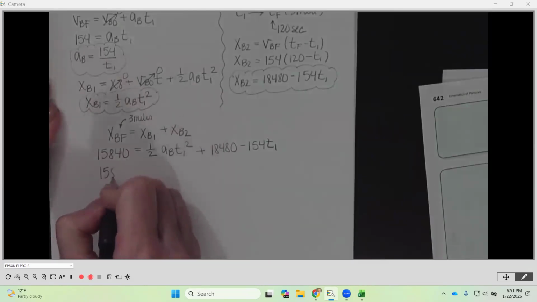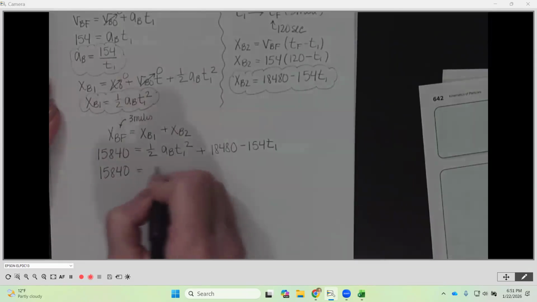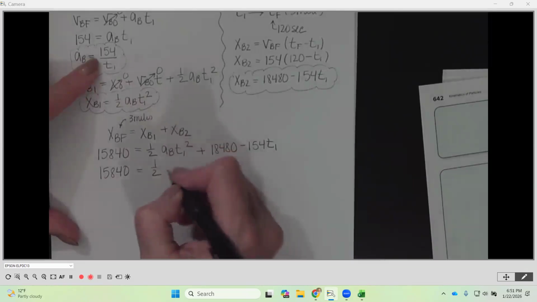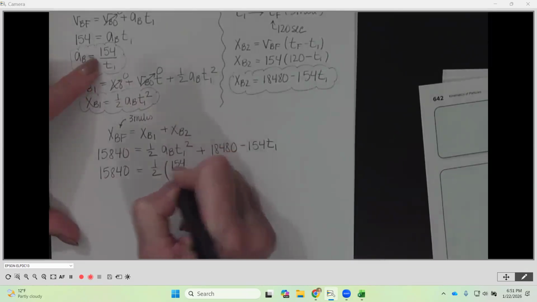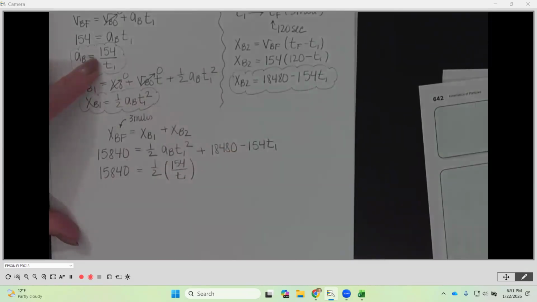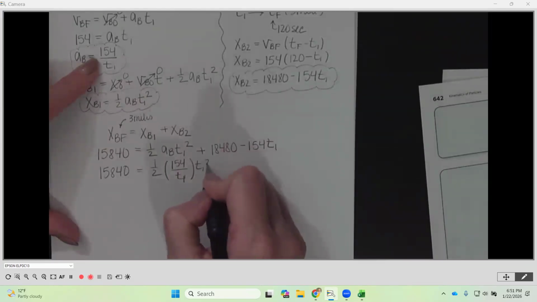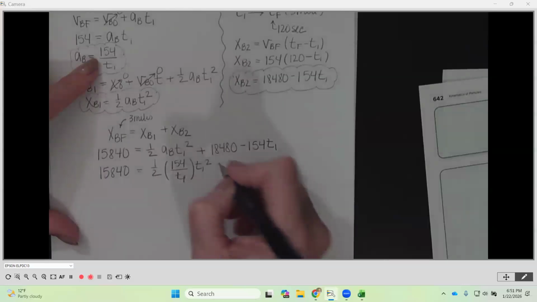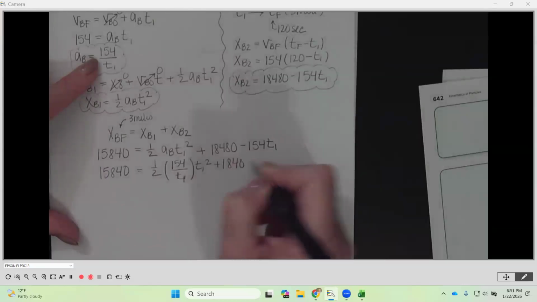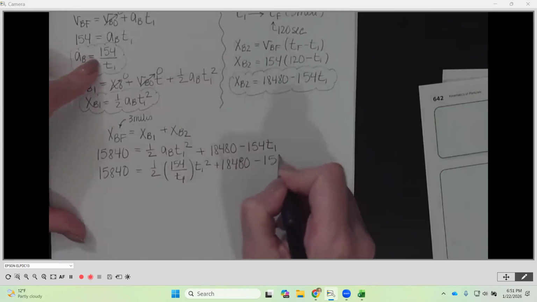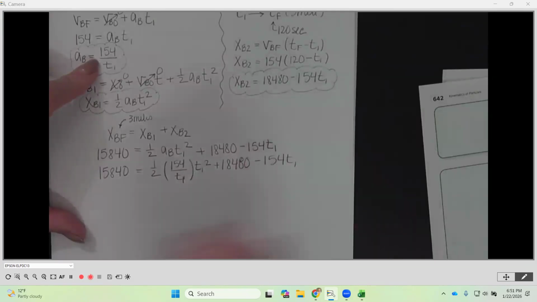So we're going to say 15,840 is equal to 1/2, and instead of AB, we're going to put 154 divided by T1, okay? And then we're going to multiply that by T1 squared. Now we're going to do our plus 18,480 minus 154 T1.